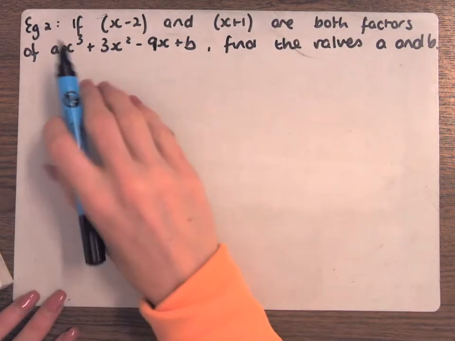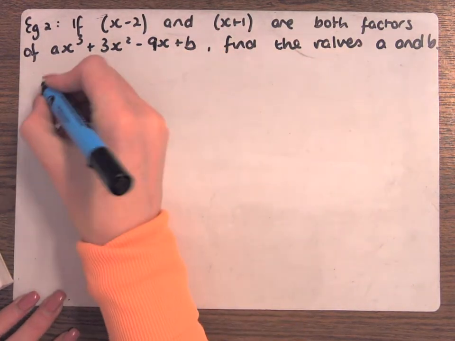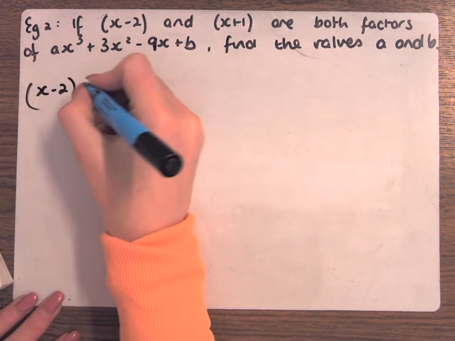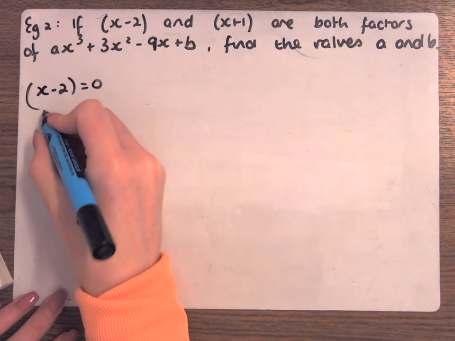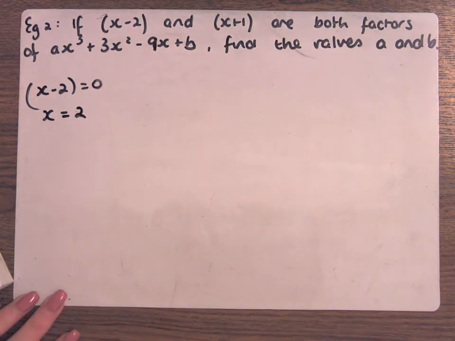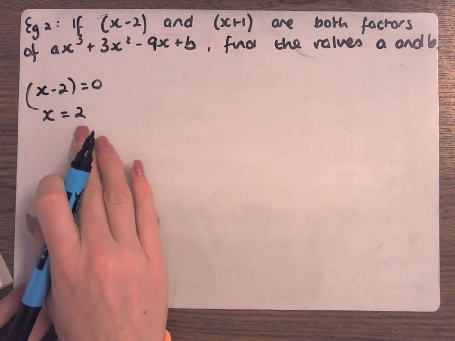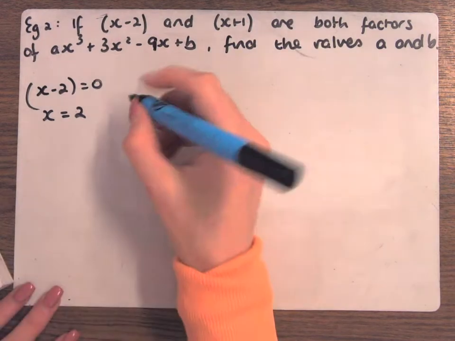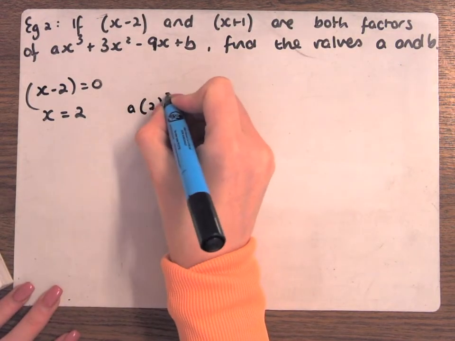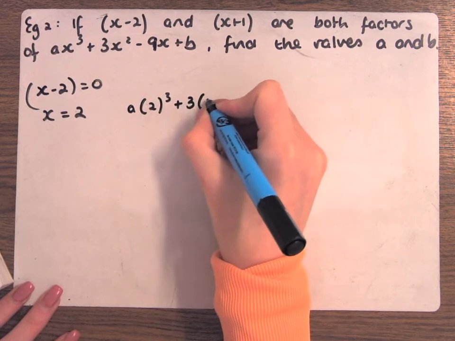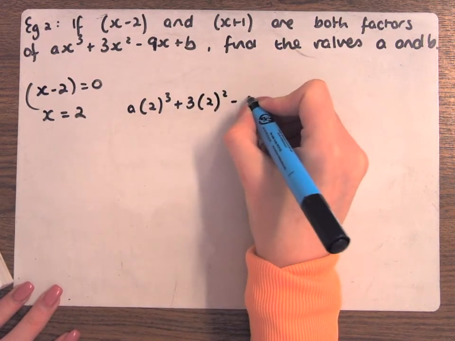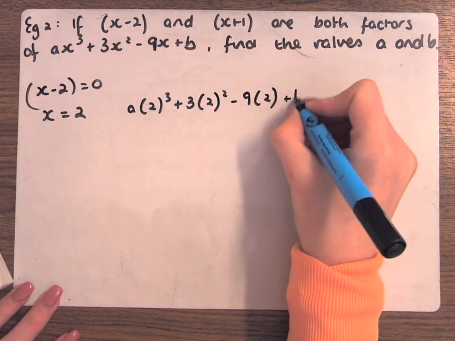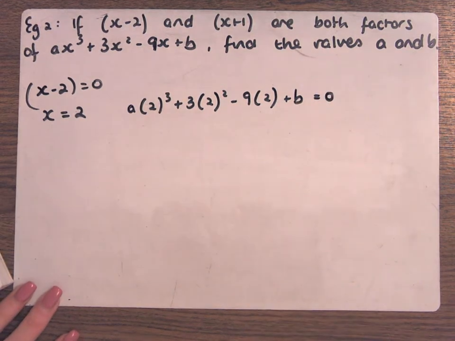Okay, so these two things are both factors. So if x minus 2 is a factor, that means x equals 2 is a root. And when I fill that in, what should I get? 0. They're telling me it's a factor, so I know when I fill it in, I get 0.